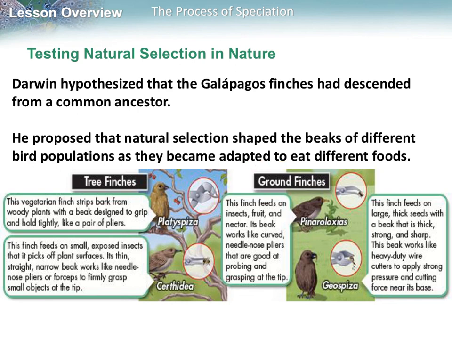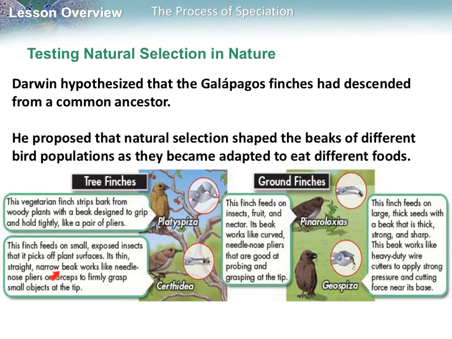So we have different kinds of finches. We have the tree finches. We have the vegetarian finch, getting the bark off the plants, and its beak is designed to grip and hold tightly like a pair of pliers. Then we have another finch that feeds on small exposed insects on plant surfaces.